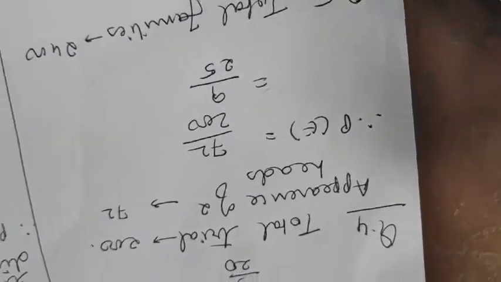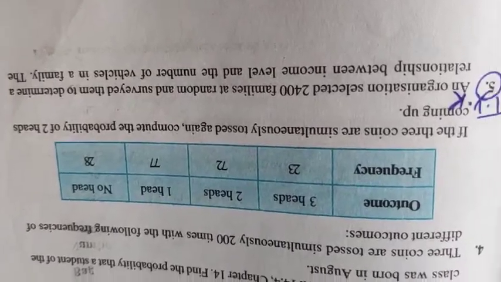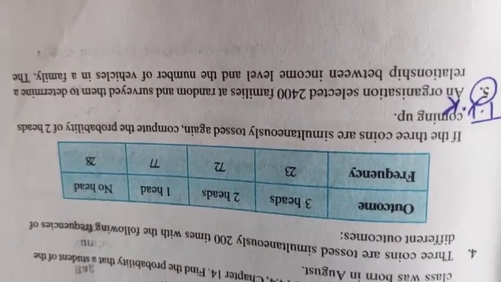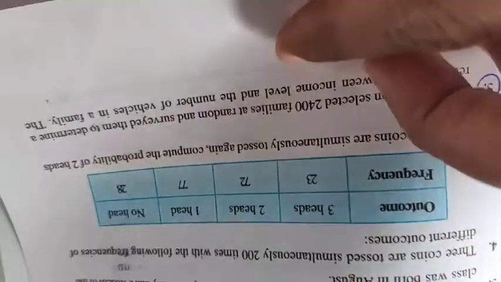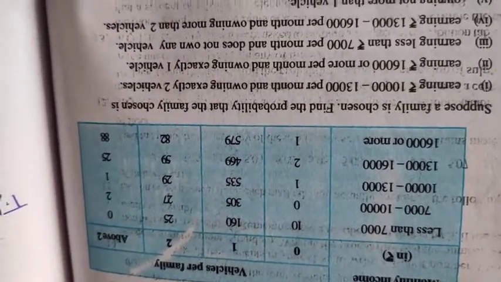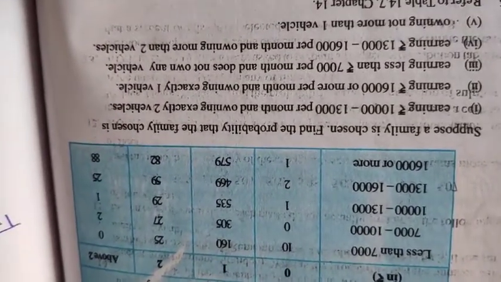Got it? Okay. Now we move on to the 5th question. The 5th question says that 2400 families have been surveyed of their income level and the number of vehicles in the family. And this is the table which is given to you. What you are supposed to compute is, first probability to be calculated.